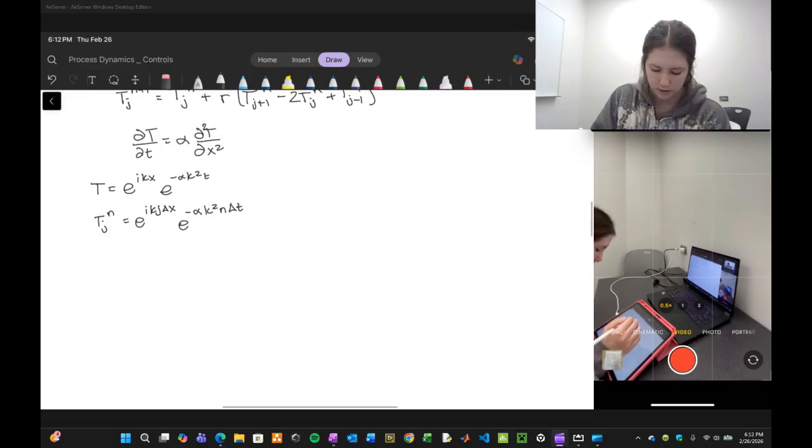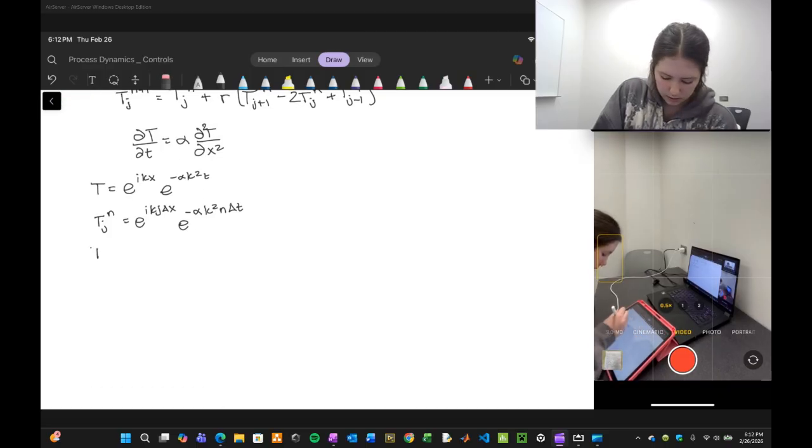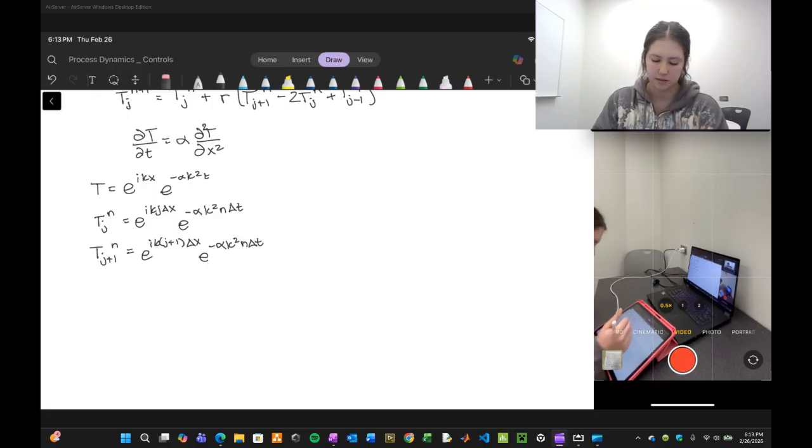And so for the j plus 1 value, it'd be e to the i k and then j plus 1 delta x, times e to the minus alpha k squared and delta t.